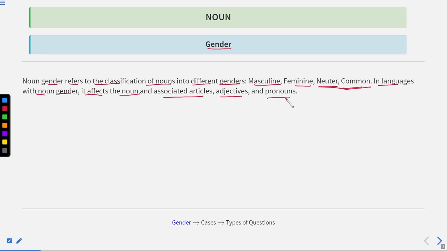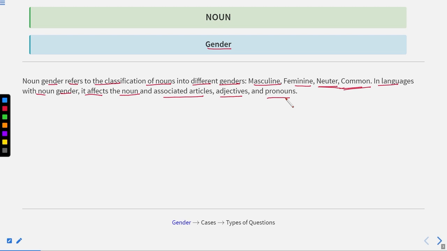And if we talk about articles and pronouns, they are affected by the gender cases of noun. How? For example, if I say the girl is very beautiful, and I want to replace it with a pronoun, I will use she is very beautiful. For a girl, I will use she. For a boy, I will use he. Or for a pen, that is a non-living thing or object, I will use it. For example, it is a very expensive pen.